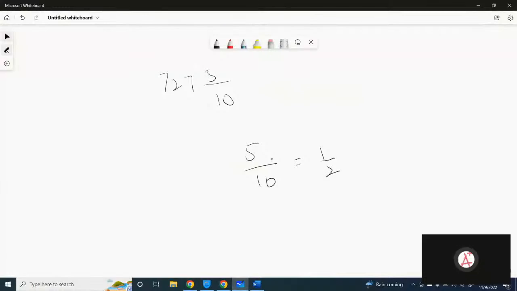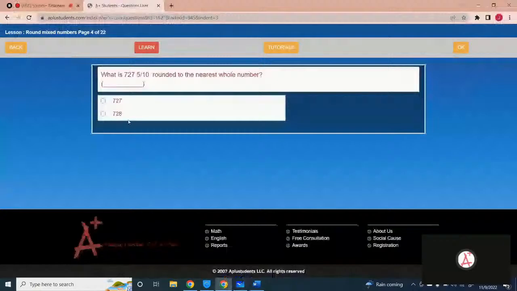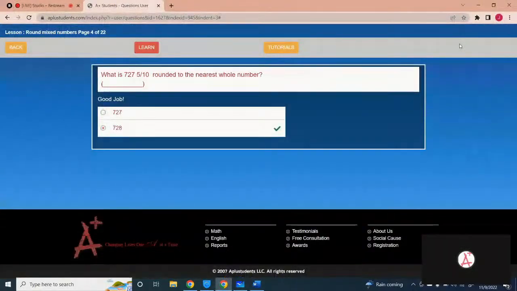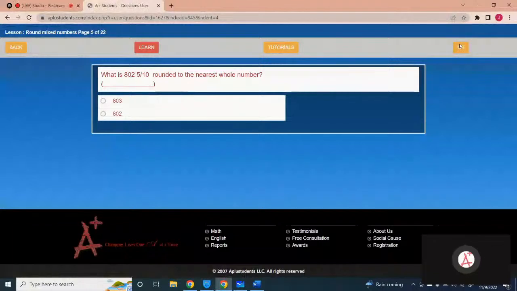You can check by converting 5 by 10 to the lowest form: divide numerator and denominator by 5, so it would be 1 over 2. Since the fractional part equals 1 over 2, you add 1 to the whole number, so it would be rounded off to 728. Got it? If you have any question or confusion, you can write it in the chat box. I'll answer all your questions.